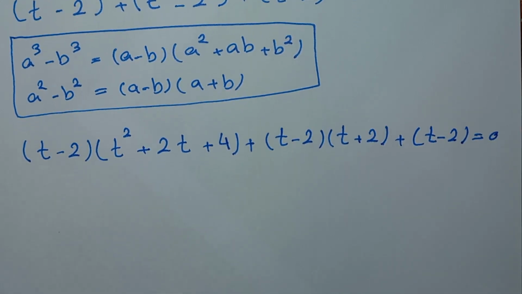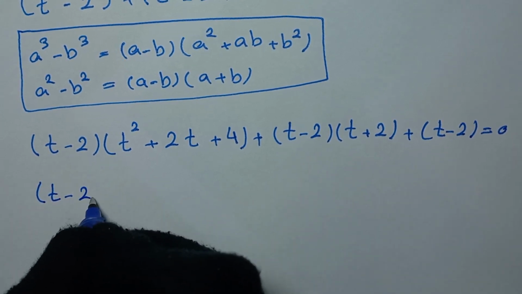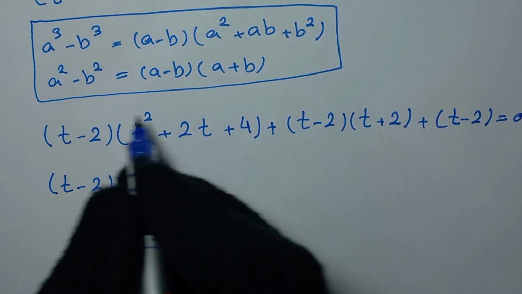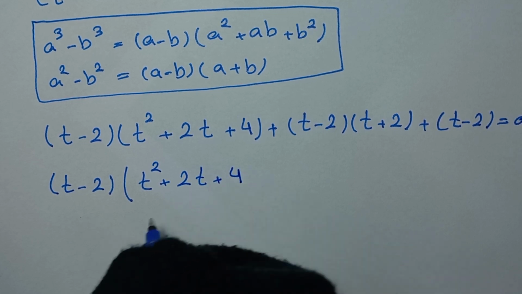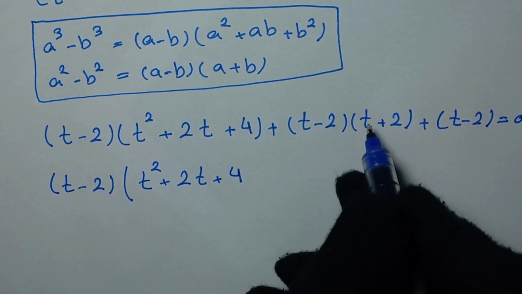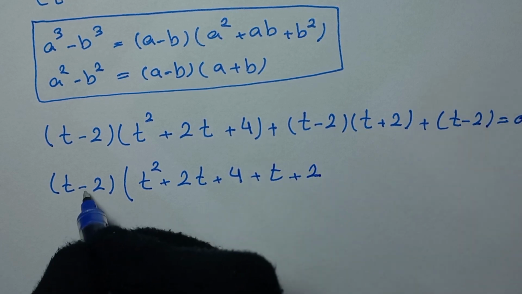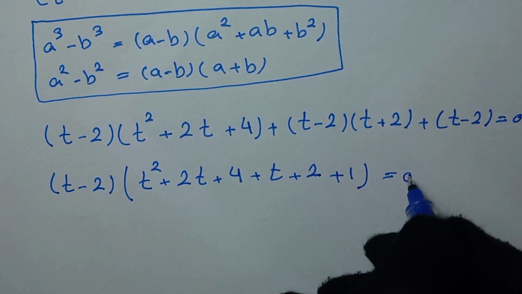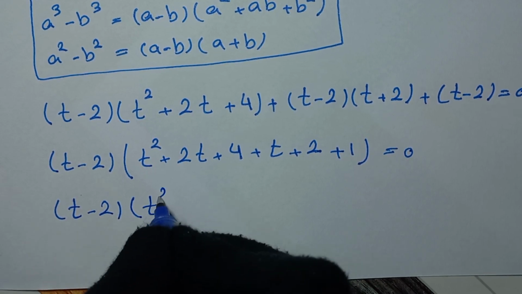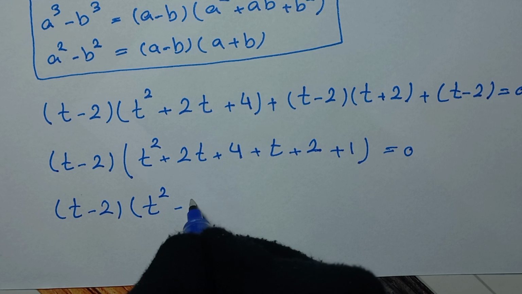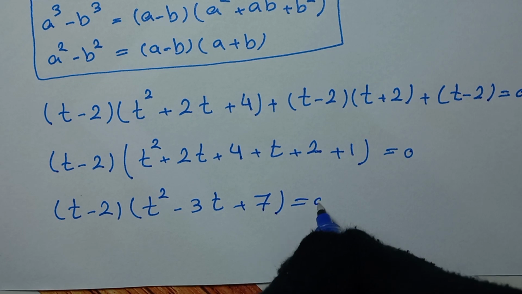And in the next step, t minus 2 is common, so we factor t minus 2, and this divided by this, it will be t square plus 2t plus 4, and this divided by t minus 2, it will be t plus 2, and this divided by t minus 2, it will be 1, is equal to 0, and it will be t minus 2 times t square plus 3t plus 7, is equal to 0.